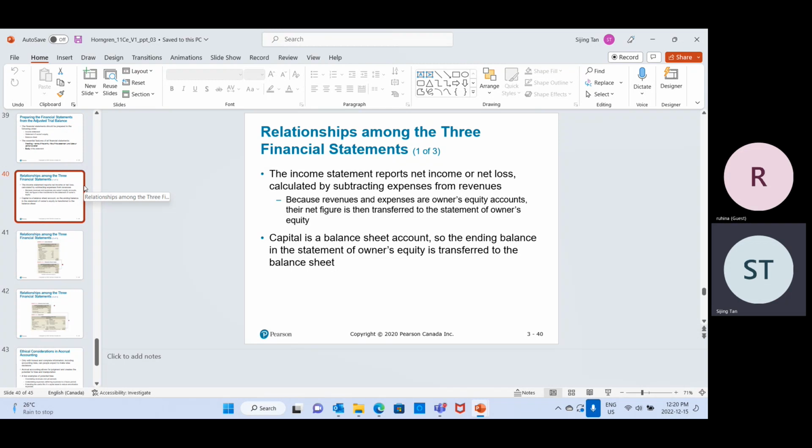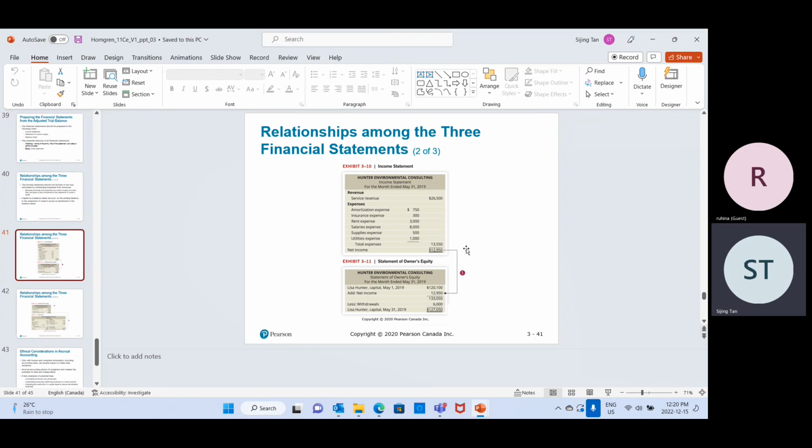Relationship among the three financial statements. Income statement, I think we went through this. Anyway, the income statement reports net income or net loss, which we use to calculate the owner's equity's ending balance. Now, capital is a balance sheet account, so the ending balance in the statement of owner's equity will transfer to the balance sheet. This picture shows exactly how that works.